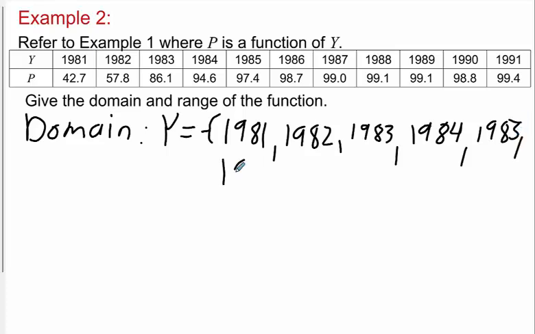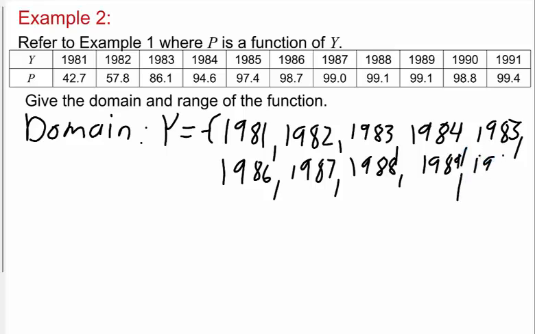I'm going to write them all, just so 1986, 1987, 1988, 1989, 1990, and 1991. That's the domain.